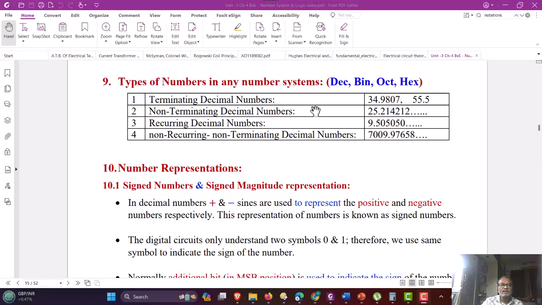These are called non-terminating decimal numbers. Recurring decimal numbers are those in which the number combinations are repeated indefinitely, and non-recurring decimal numbers are those in which the digits are continuously present up to infinity in the fractional portion, but they are non-terminating.